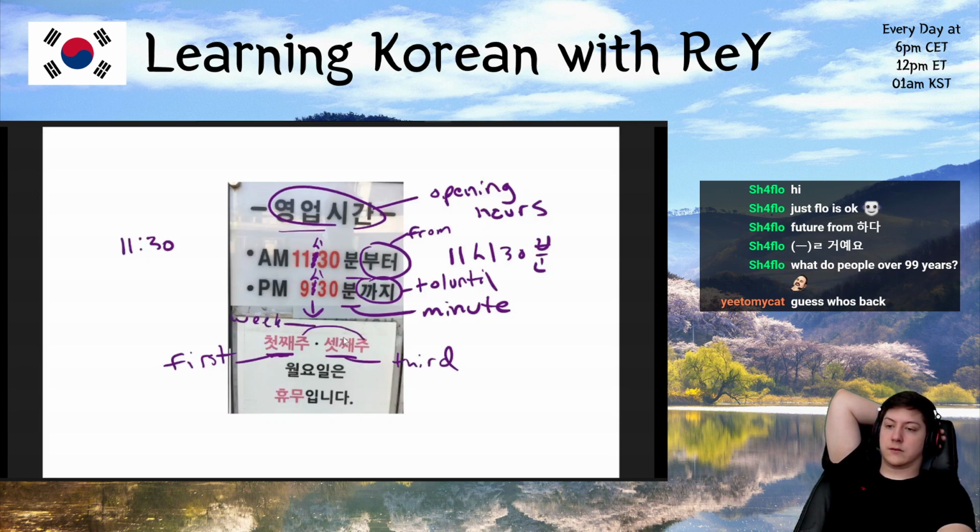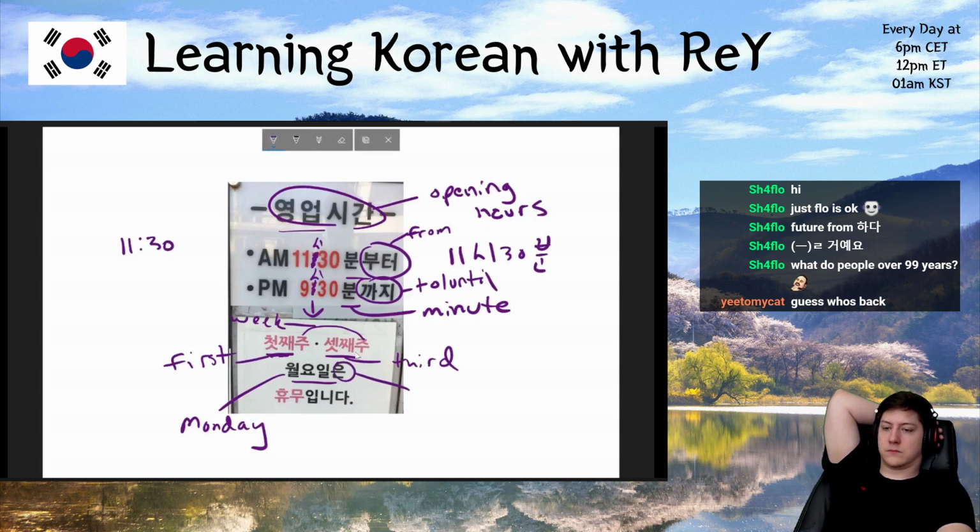And what this is saying is in a particular month, the first week and the third week, and this word here, 월요일, means Monday. And this 은 is the subject particle.